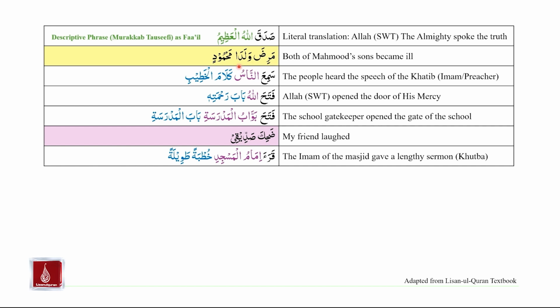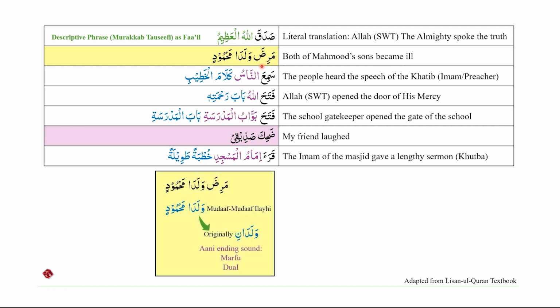Marida walada Mahmudin. Both of Mahmud's sons became ill. Let us look at this example in more detail. In the case of Marida walada Mahmudin, walada Mahmudin is written as a mudaf mudaf ilayh combination, or it is a murakkab izafi. Why are we not saying waladani in this case?